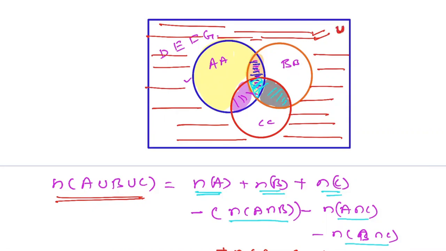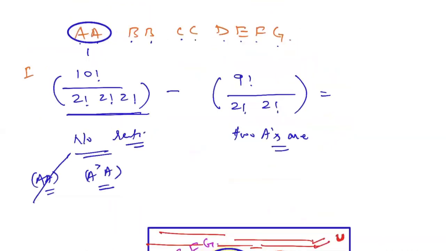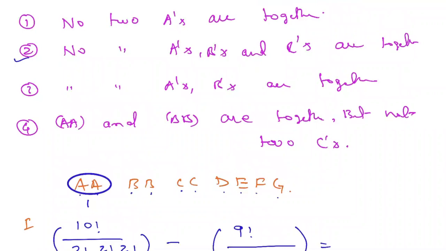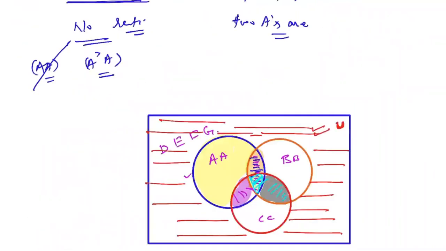So case second is no two A's, B's, and C's are together, right? So A, B, C, D, E, F, G.